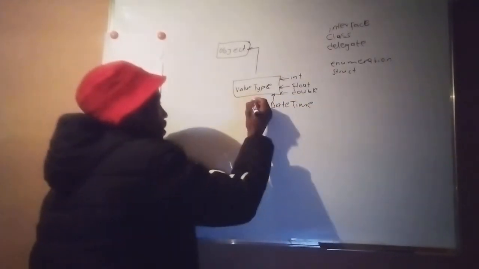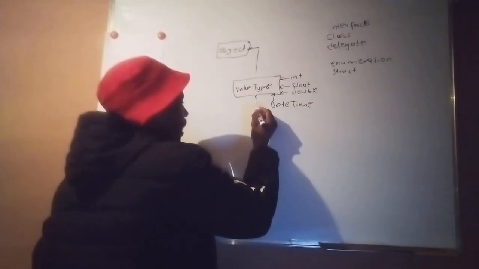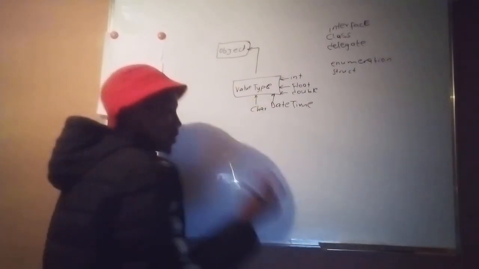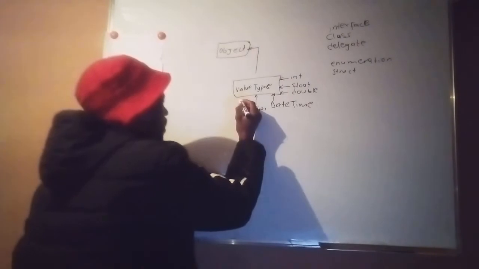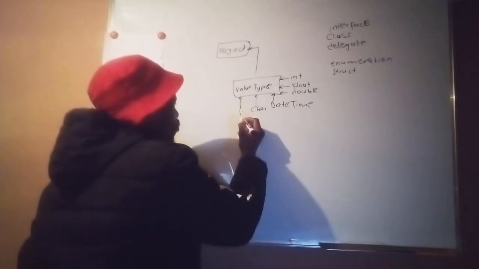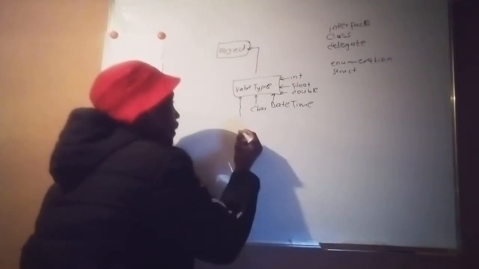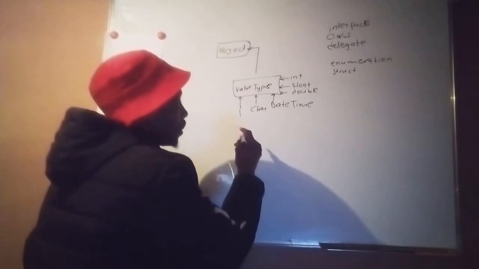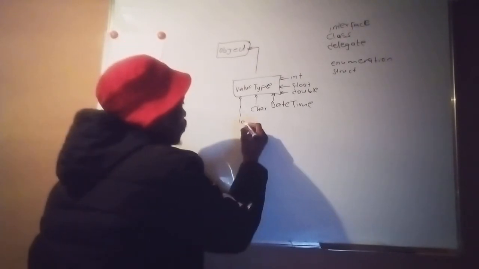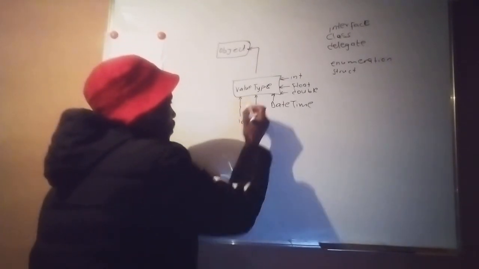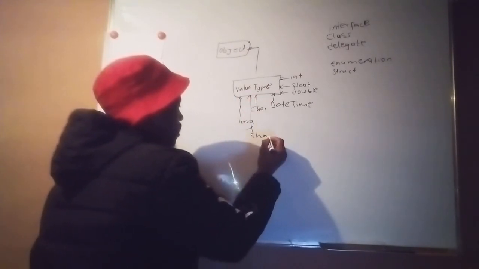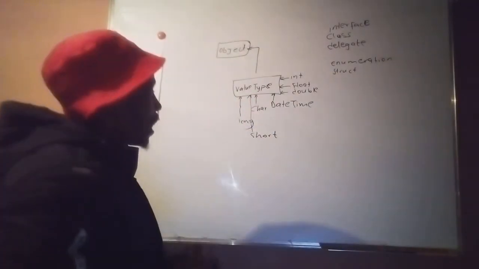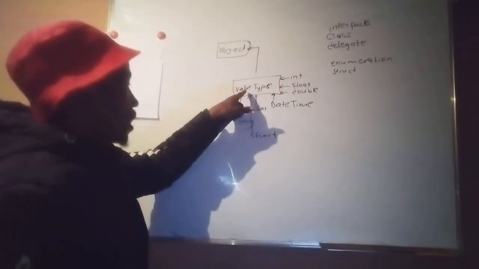And types such as characters to represent a single character. There are basically several of them. Types such as, let's see, what other type can be? Long, and we've got short here, short integers. So all these types inherit from the value type. Yeah?